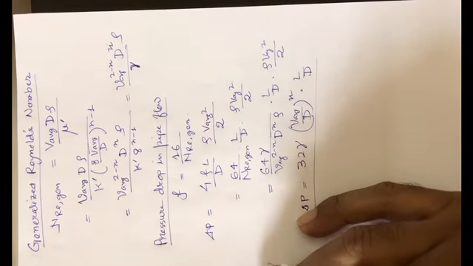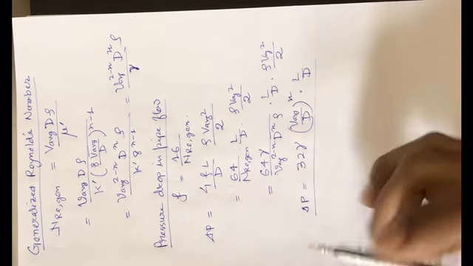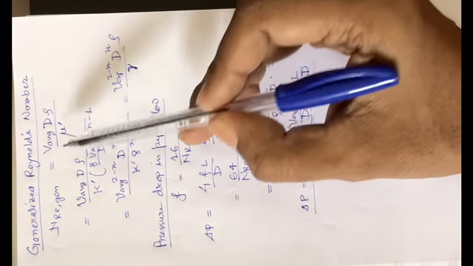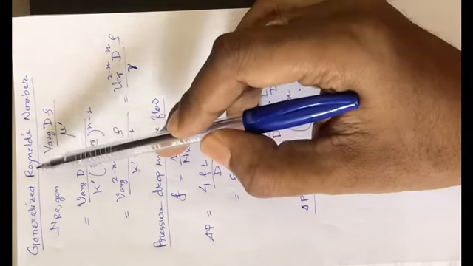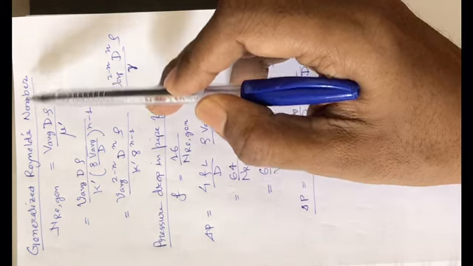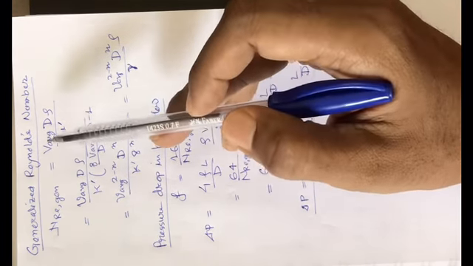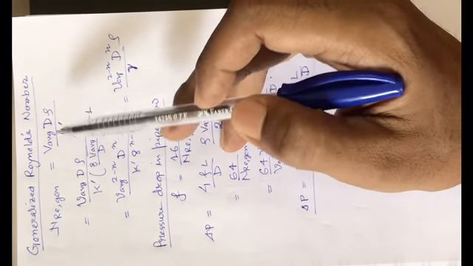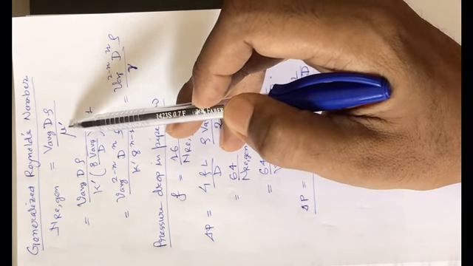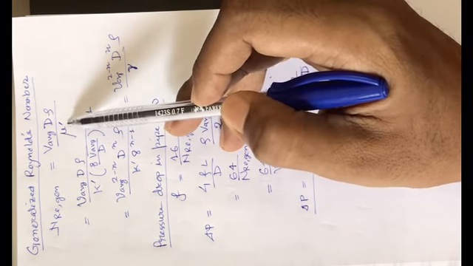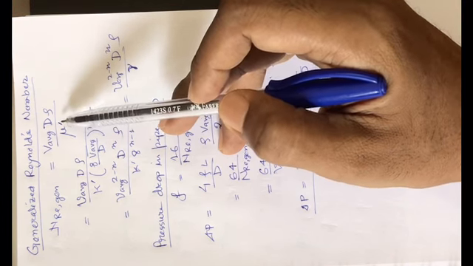So after we know the generalized viscosity coefficient, what is the expression for the Reynolds number in the case of a non-Newtonian fluid? In a Newtonian fluid it is rho V D by mu. Here we are going to give the expression for an equivalent mu. So what is the equivalent mu?